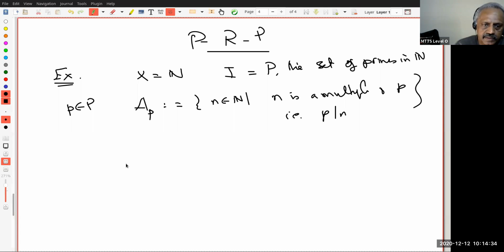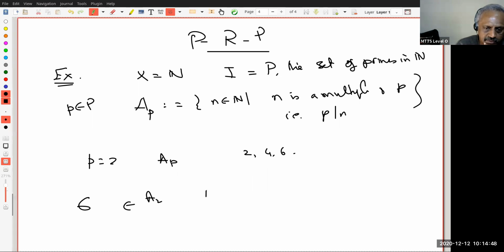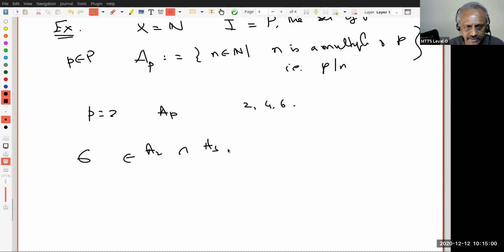For example, when p equals 2, what is A_p? All multiples of 2. Therefore, 2, 4, 6, etc. It's very easy. Now notice that if I take 6, 6 belongs to A_2, and it also belongs to A_3, because 2 is a prime, 3 is a prime. You understand that? So we are not claiming there is only one p. There may be many p so that my n is in A_p. Okay, good. Now my question is, what is the union of A_p?